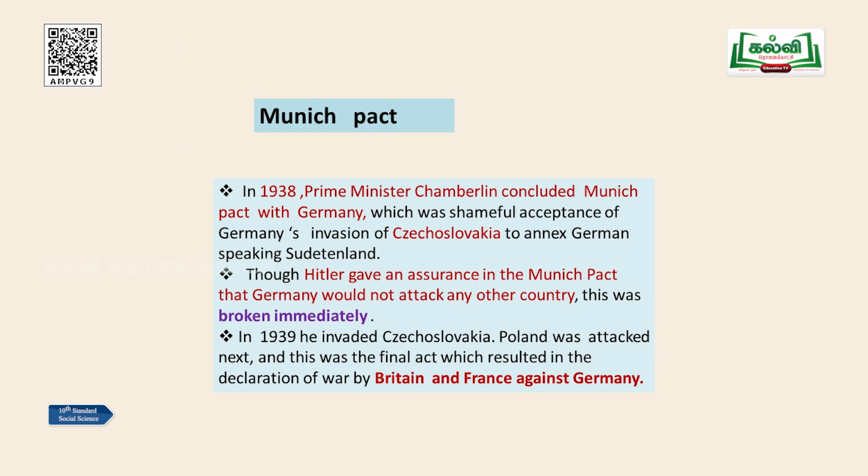This was broken immediately. Hitler promised that except the Sudetenland, he would not attack any other places, as per the Munich Pact. So after that, what happened? He didn't keep up his promise. Immediately, he broke the promise.